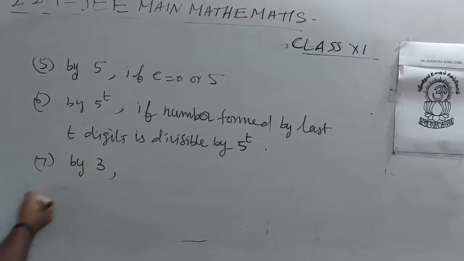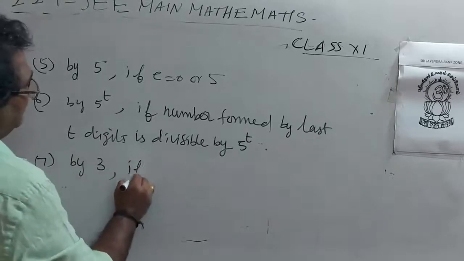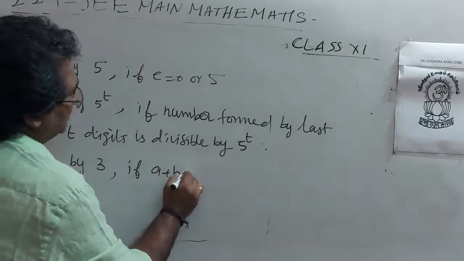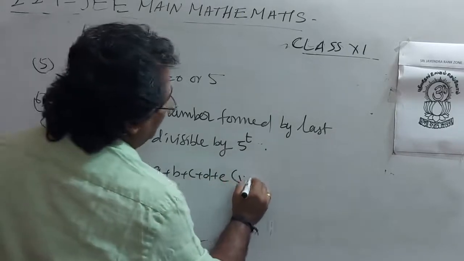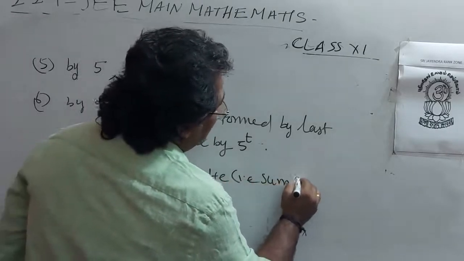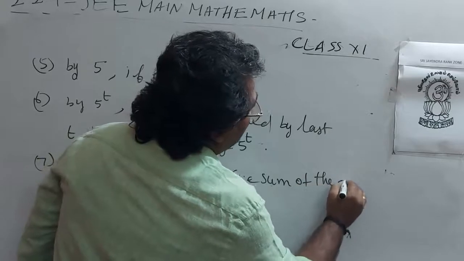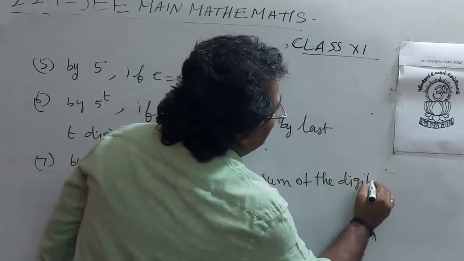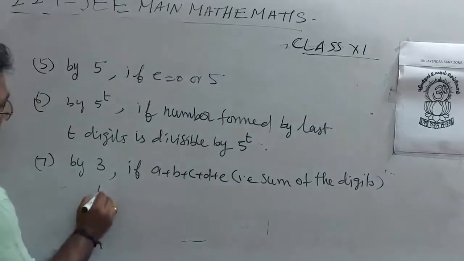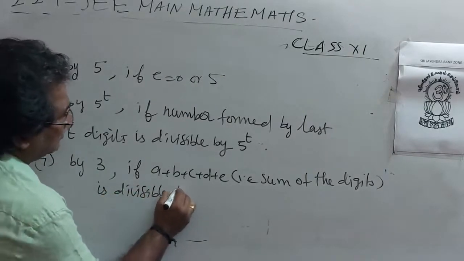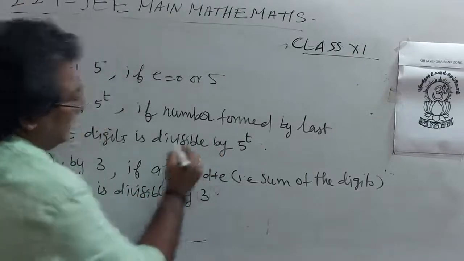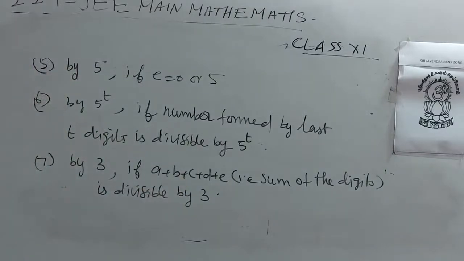By 3, if A plus B plus C plus D plus E, that is the sum of the digits, is divisible by 3.